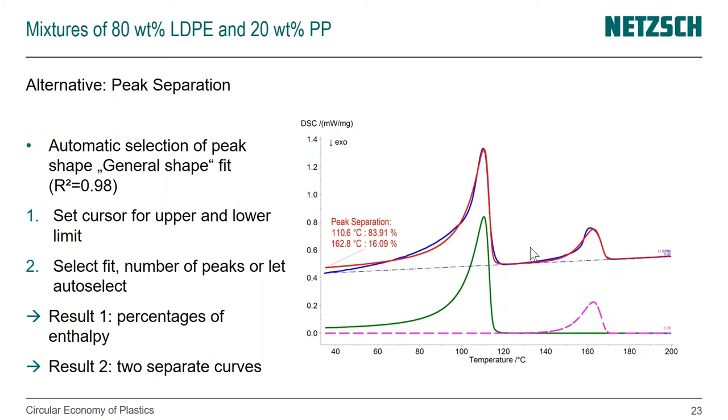There is some expertise in it, and we have other webinars and even a YouTube video that you can check out if you're interested in all the details on peak separation. But what is very important is that you get the percentages of enthalpy, and you get two separate curves. So it calculates one LDPE curve in green, and one PP curve in magenta. So we have now two separate curves.